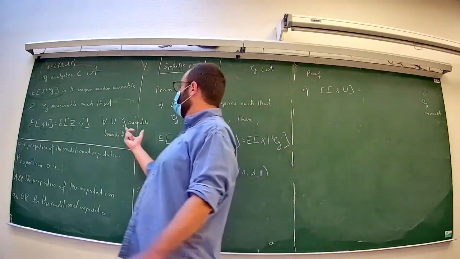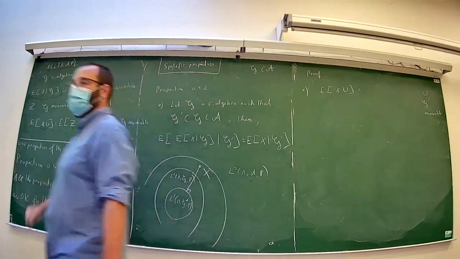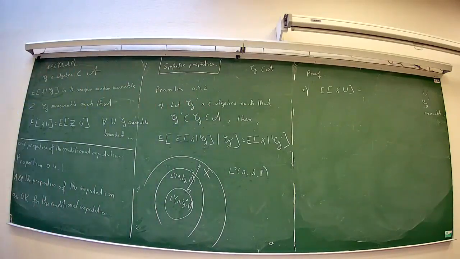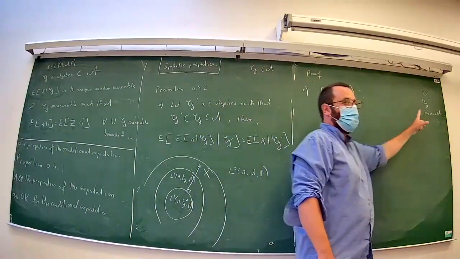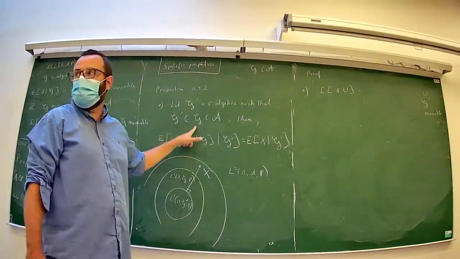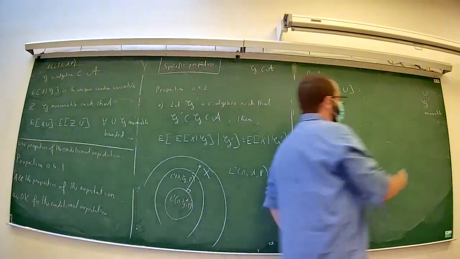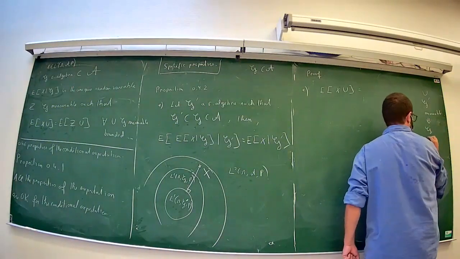Because I want to use this definition with G prime instead of G. So, what do I have? I know that U is G prime measurable. So it is in particular G measurable, because G prime is included in G. So U is G measurable.